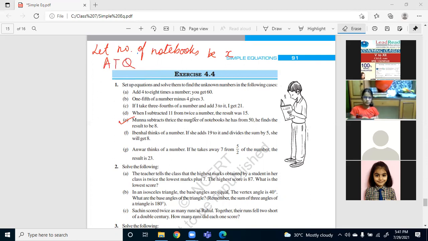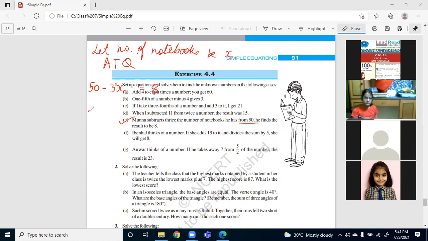So I will write 50 first, minus thrice means 3 times x. 50 minus 3x is equal to 8.